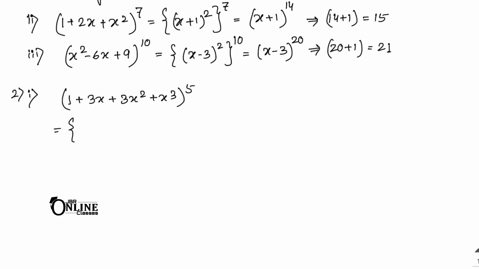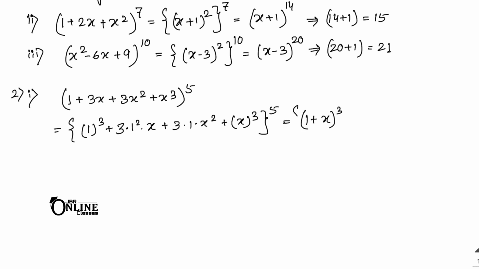As here you can write this as 1 cube, then 3 into 1 square into x, then 3 into 1 into x square, and then x cube, whole to the power 5. So that equals (1 plus x) whole cube, then again whole to the power 5. That means here (1 plus x) whole to the power 15. So the number of terms will be 16 as your answer.